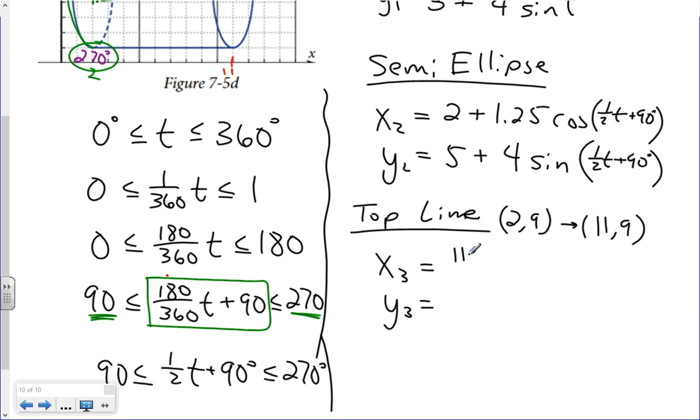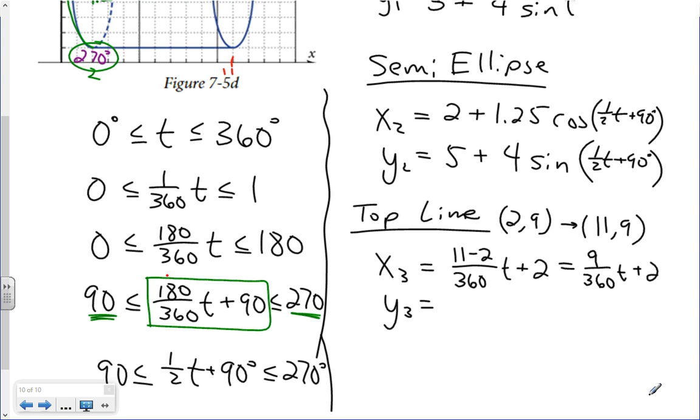In fact, I'm going to write it that way just so we can see that. So it's c minus a, 11 minus 2, divided by 360 times t, plus my starting value. I'm starting at x equals 2. If you want to simplify that, of course you can, but there's our formula. In fact, I would suggest you at least simplify the numerator there. It's 9 over 360 times t plus 2.